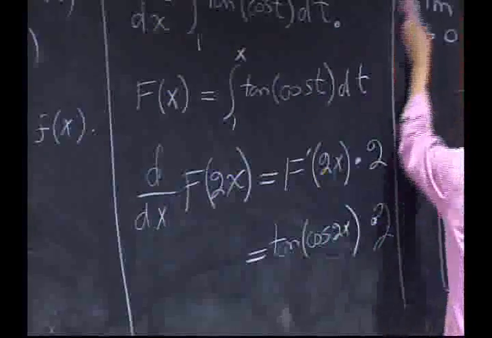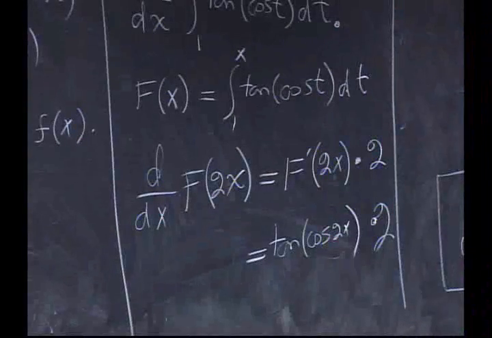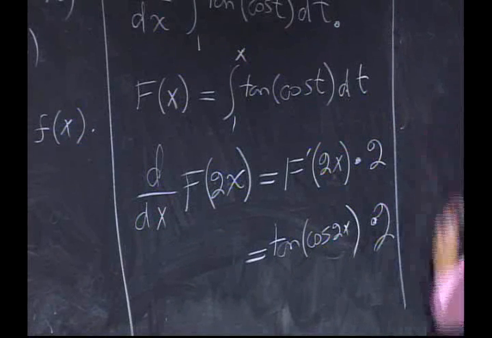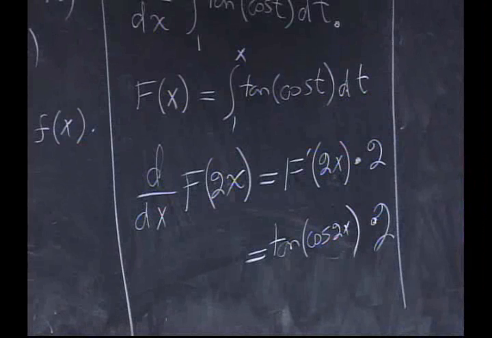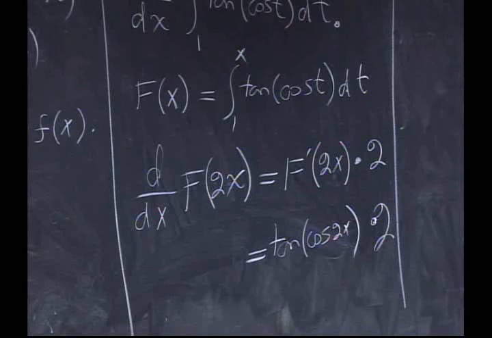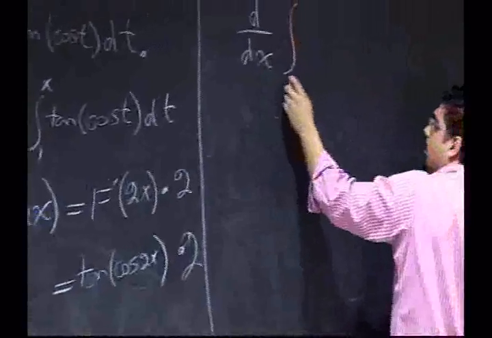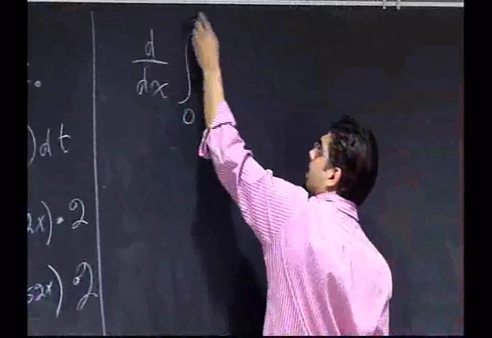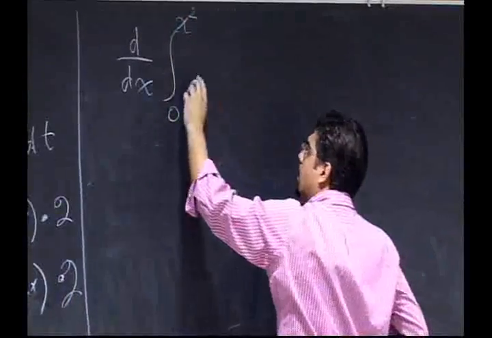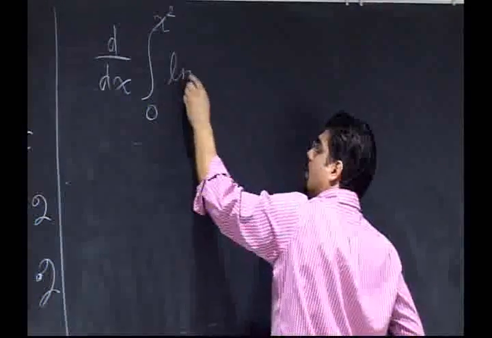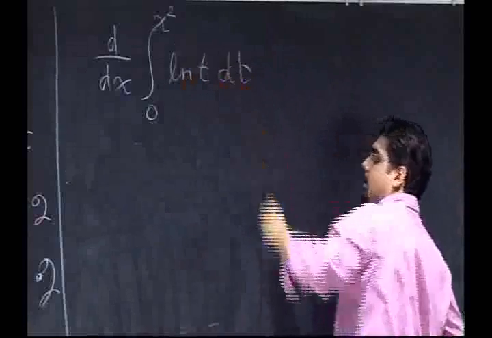I'll do another one like this. So, let's find the derivative of the integral from 0 to x squared of ln t dt.